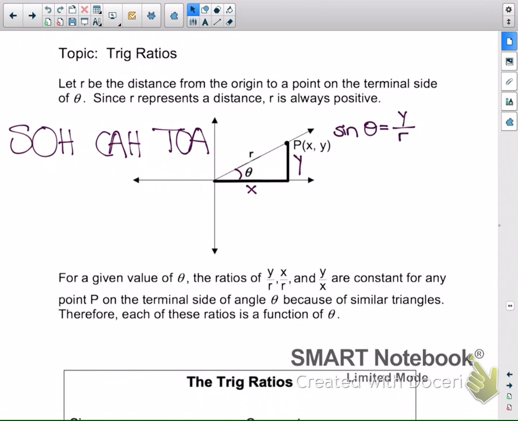You're writing these down in your boxes below. I'm just not because I want to keep that picture. Cosine is adjacent over hypotenuse. In this case, in that picture, that is what over what? X over R. And tangent is what over what? Y over X.